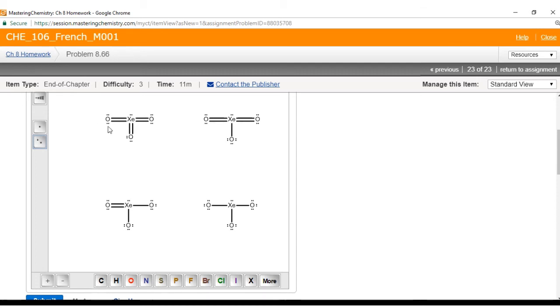So it's got 6 electrons assigned to it. It's group 6. 6 minus 6 is 0. So there's no charge on this oxygen. Xenon is group 8. It's got 8 electrons assigned to it. There's no charge on xenon.